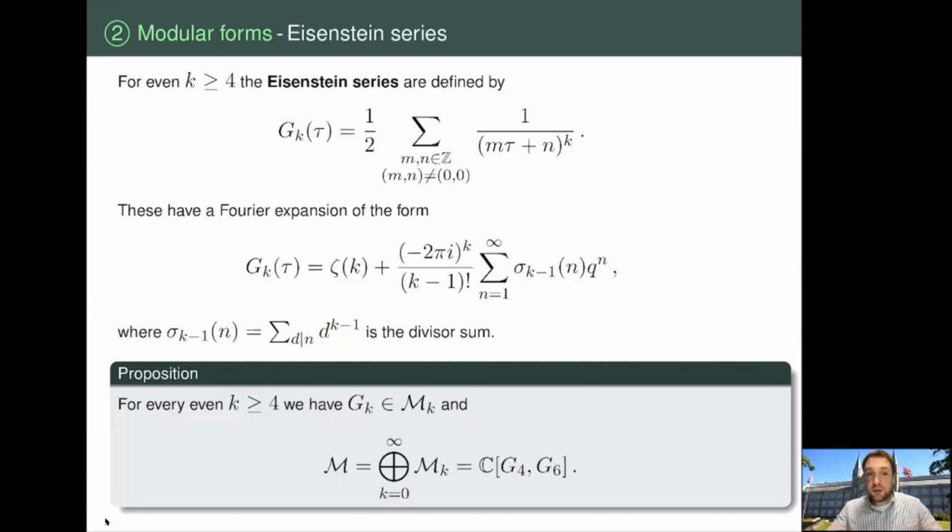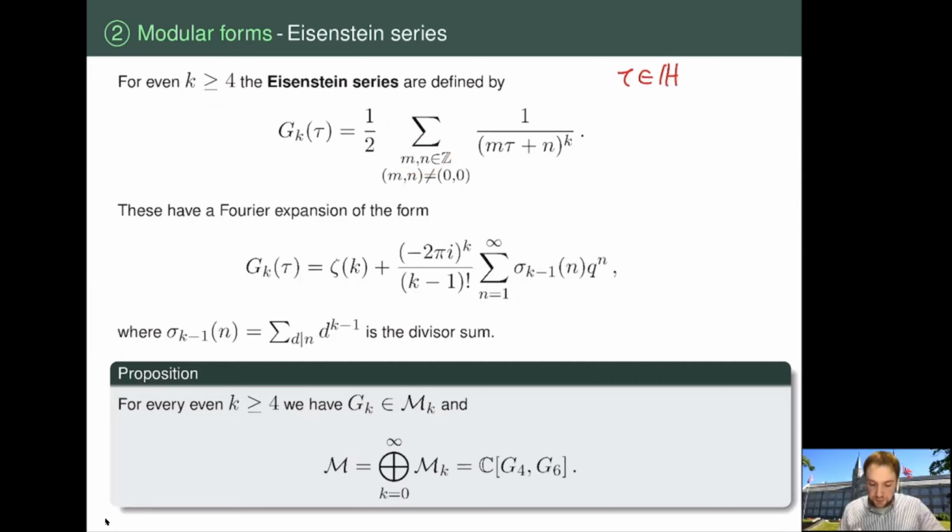And what are examples of a modular form besides the trivial 0 function? The first non-trivial examples are Eisenstein series. If you have an even number k greater or equal to 4, you define the Eisenstein series of weight k as a function on the upper half plane, where tau is in the upper half plane, by this sum, where you sum over all tuples (m,n) which are not both 0.